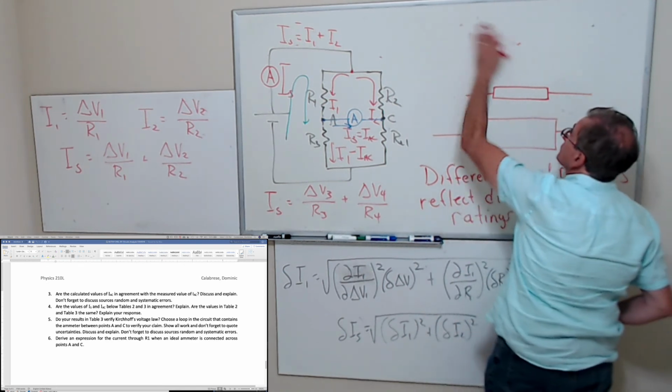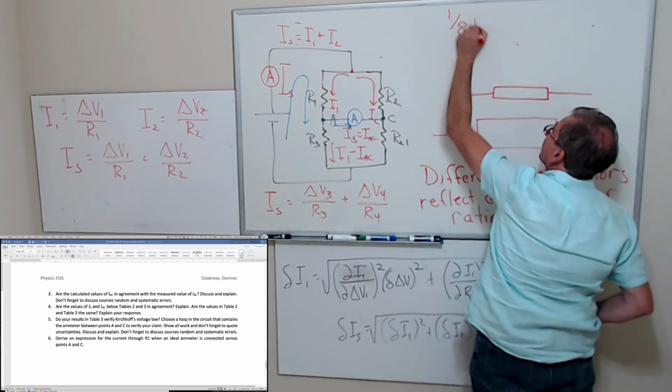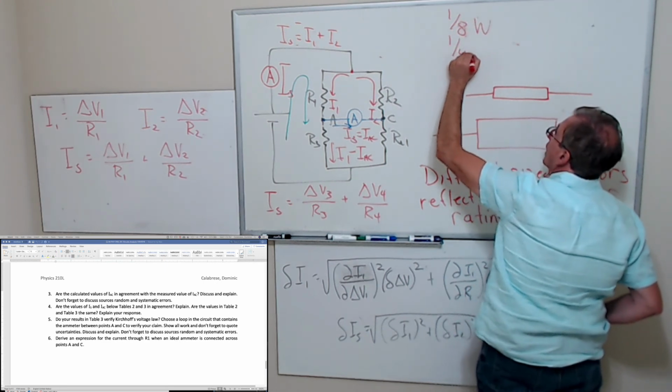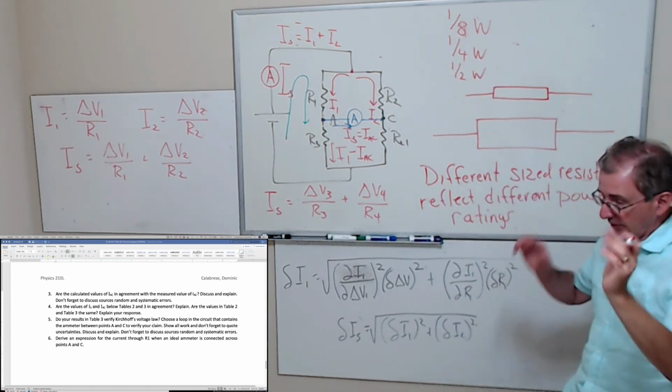So the real small resistors are about 1/8 of a watt. That's an 1/8. Then there's 1/4 of a watt, 1/2 a watt, 1 watt, and then they get bigger and bigger.